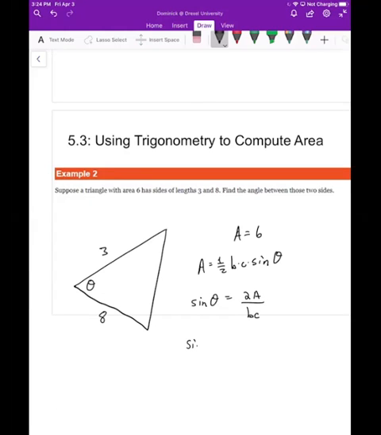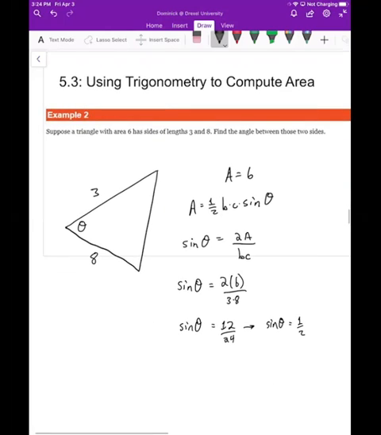So the sine of theta is equal to 2 times A, which is 6, over B times C, so 3 times 8. So we get that sine of theta is equal to 12 over 24, right? Which of course is sine of theta equal to 1/2.